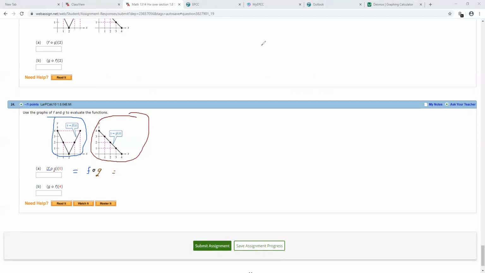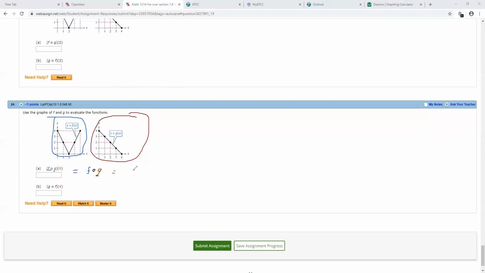So this means we're gonna put G into F, but we don't have any equations. They didn't give us the equations. So we can't write it like we did up above because we don't know what to write down, because there's no equation given to us.